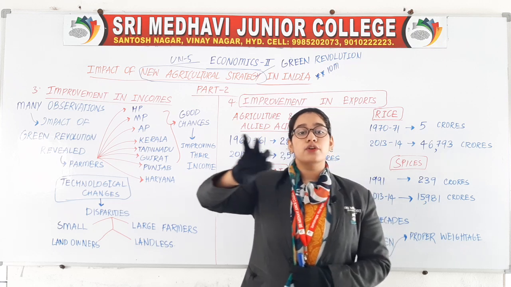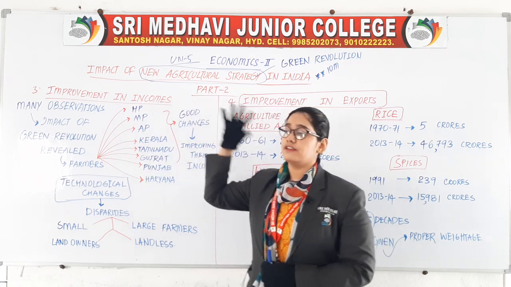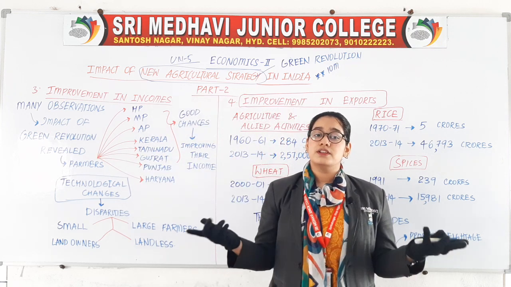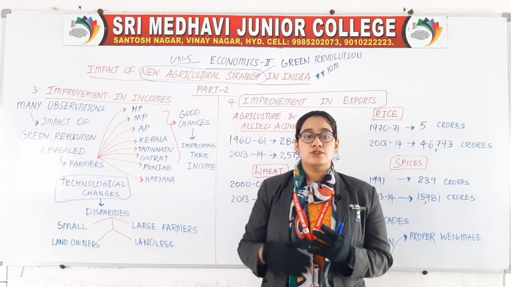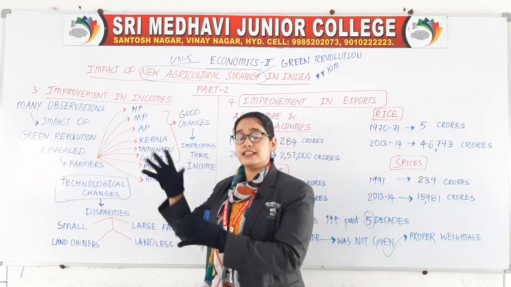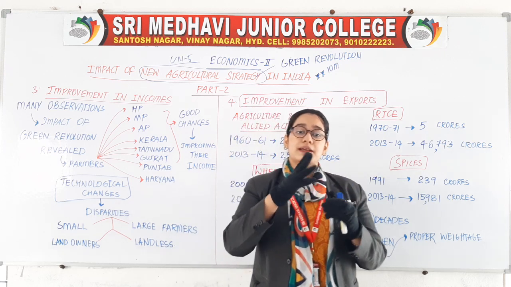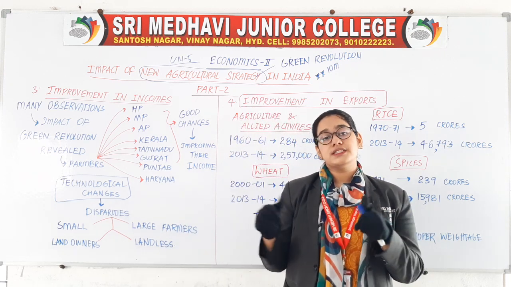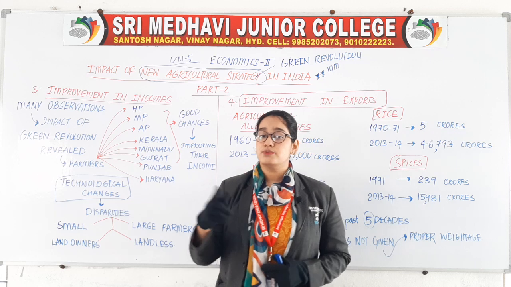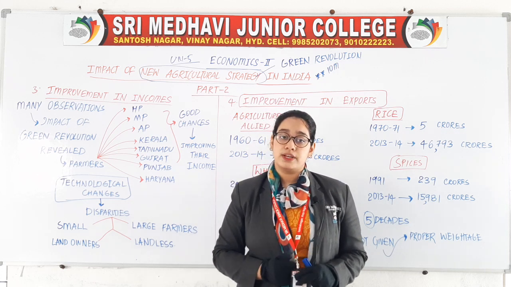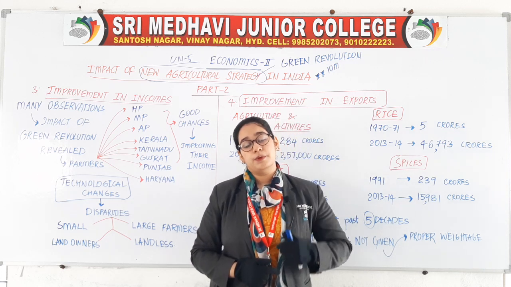So these 5 crops were under the Green Revolution, and remaining crops did not get any facility. So the farmers who are cultivating these 5 crops will only be getting benefited, and the remaining farmers will not get any benefit. This was the negative impact of the first point, that is increase in food grain production.